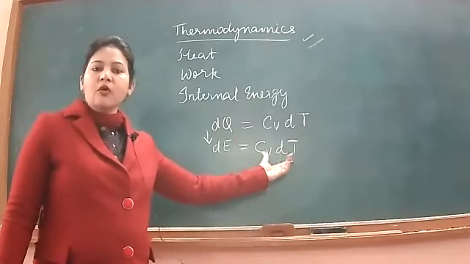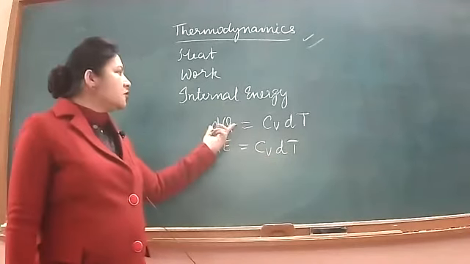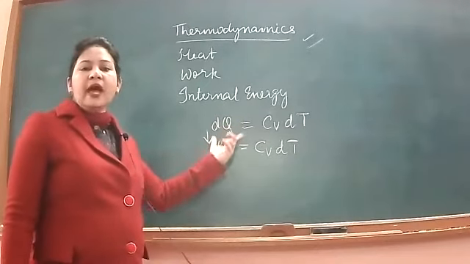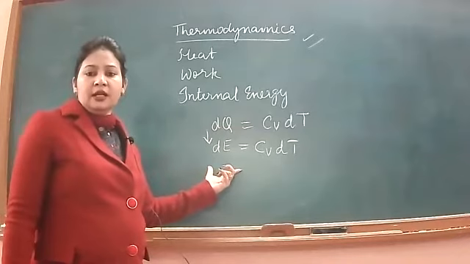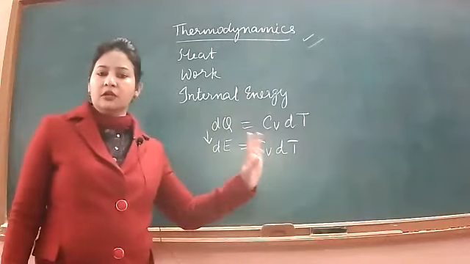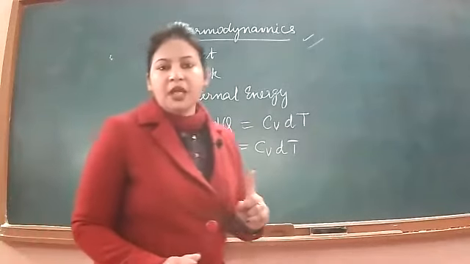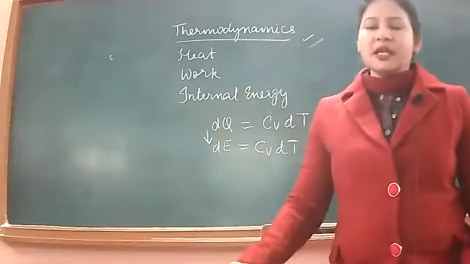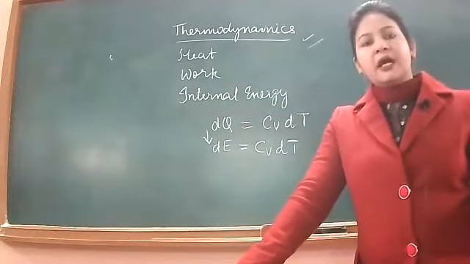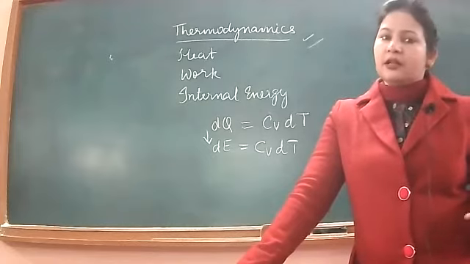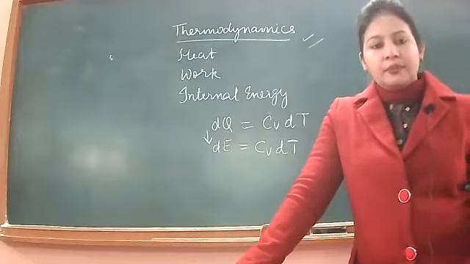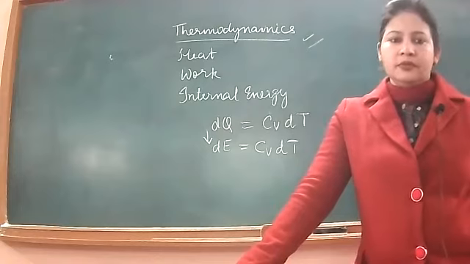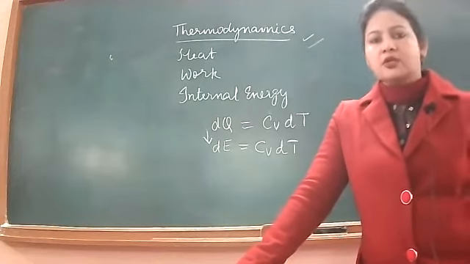At constant volume, all the heat that we supply is used up in changing the internal energy of the gas. So we can call dQ as dE, where E is internal energy, when we are heating the gas at constant volume. At constant pressure we will not call dQ as dE; we will do so at constant volume, because in this case no work is done and all the heat supplied is used up in changing the internal energy of the gas only. Got my point? So from now on we will use dE in the form of internal energy.